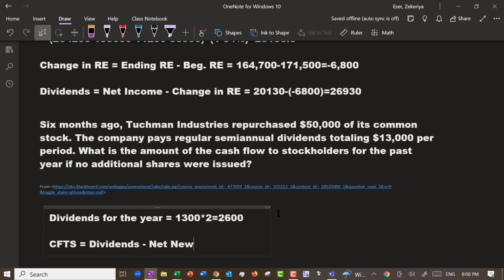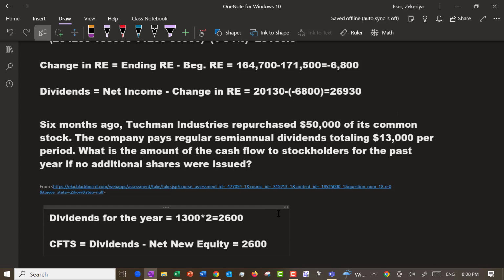Dividends minus net new equity. Okay, there were no new shares issued, and they repurchased $50,000 worth of common stock. So net new equity is negative 50,000. Equity has gone down by 50,000.